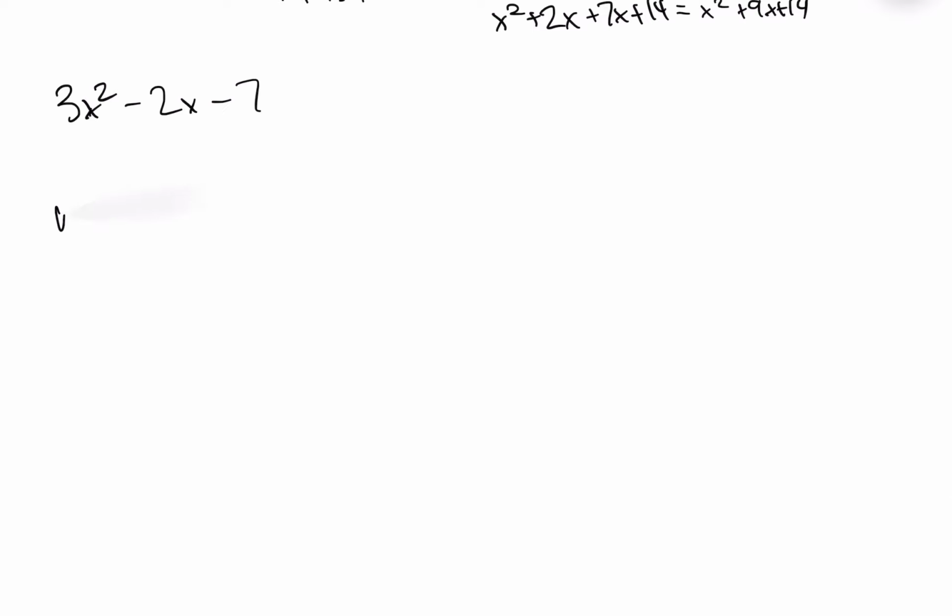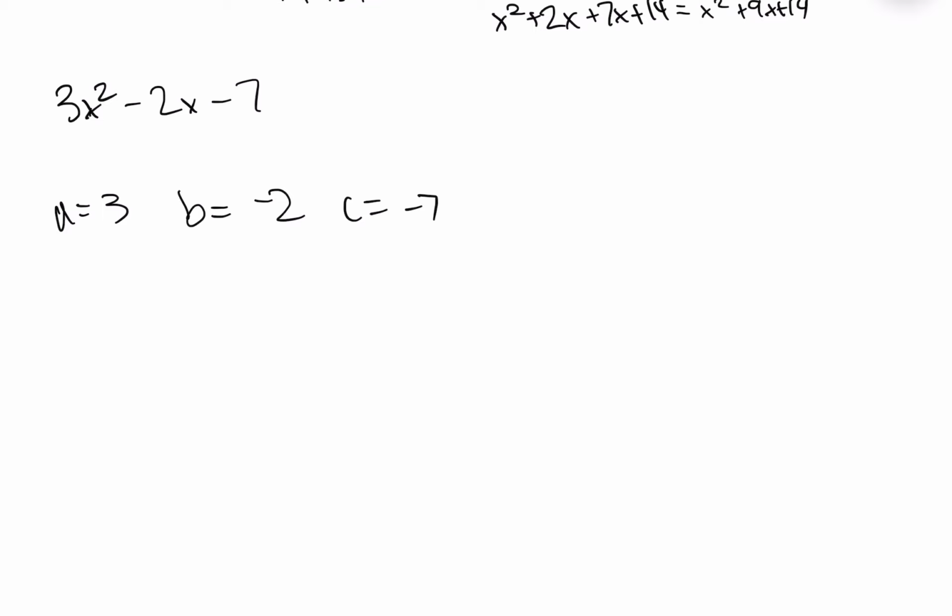We do it quickly. A is equal to 3. B is equal to negative 2. C is equal to negative 7. We think negative b plus minus square root b squared minus 4ac over 2a.